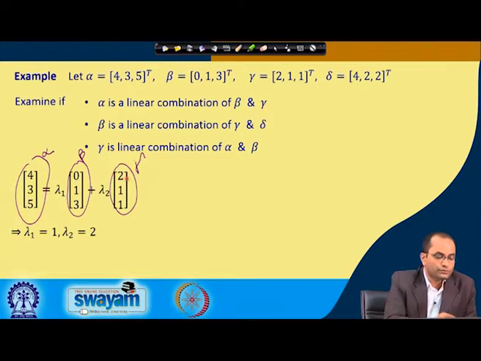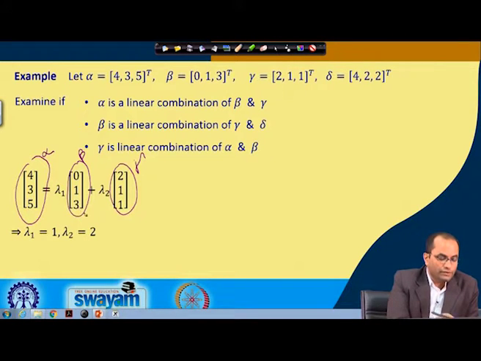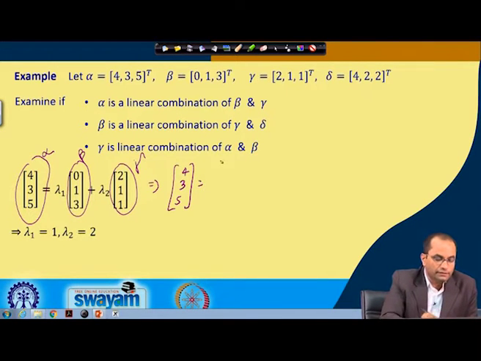And we have to solve this system of linear equations, which we can write down, and simplify a little bit. On the left hand side we have 4, 3, 5, that is a vector. On the right hand side, the first equation is lambda 1 times 0 plus lambda 2 times 2, so we basically have 2 times lambda 2.